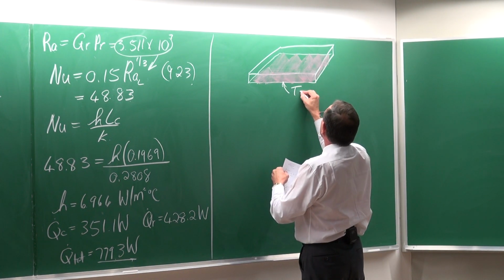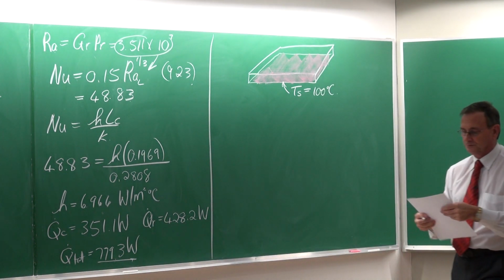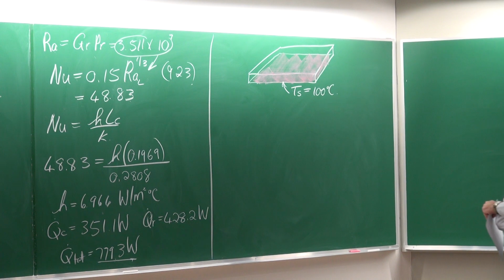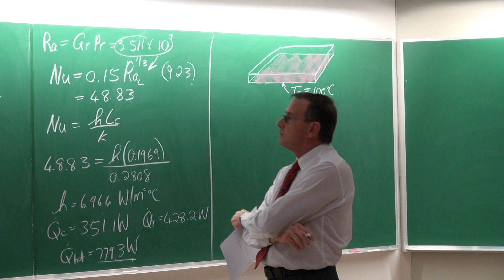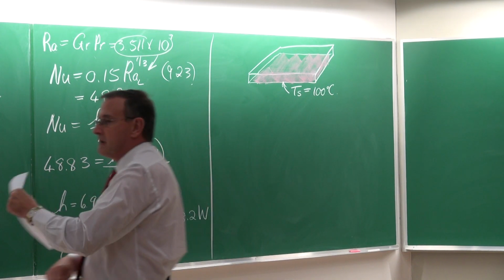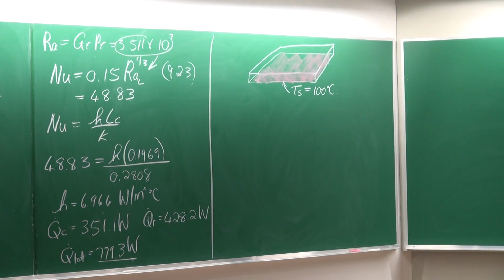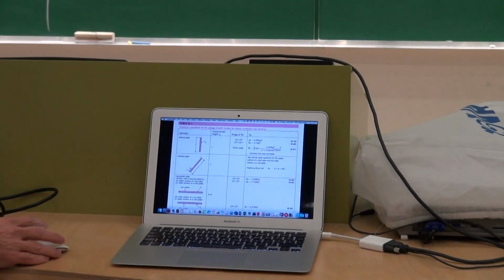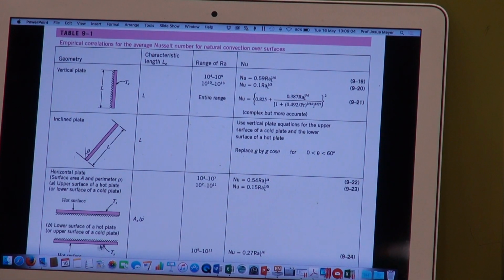So the temperature here at the bottom is equal to 100 degrees Celsius. Take a look at the equation that should be used for this case. Here we've got the hot surface here on that side, and there is the range and the Nusselt number equation.